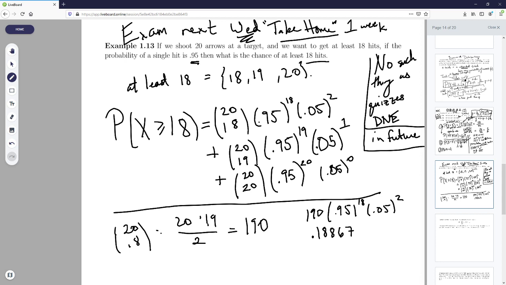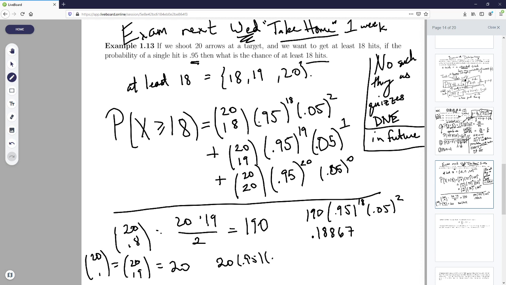The next one is 20 choose 19. So 20 choose 19 is just 20, because that's saying out of a bag of 20 things, pick 19 of them. So basically that's the same thing as picking one thing and discarding it. So that's 20. And so then you're going to multiply that by 0.95. Ooh, beautiful.